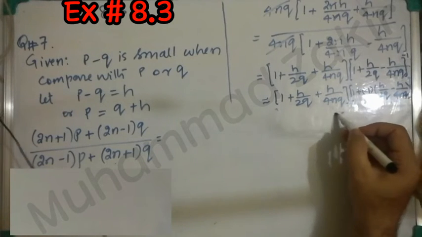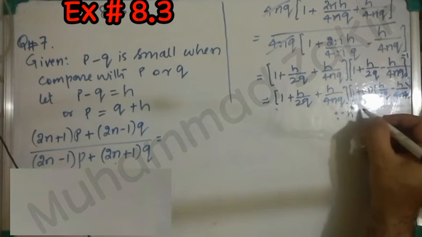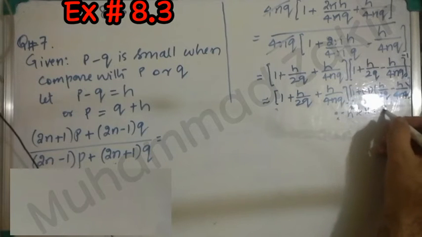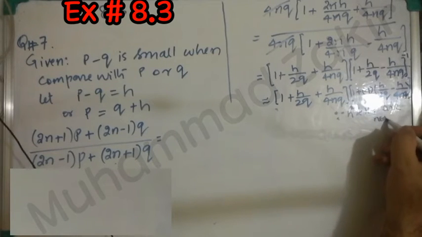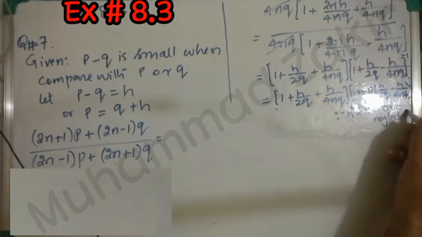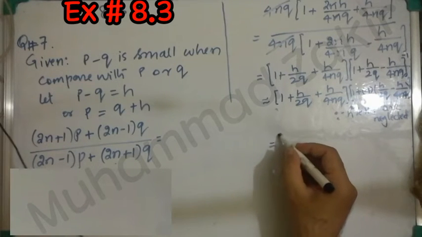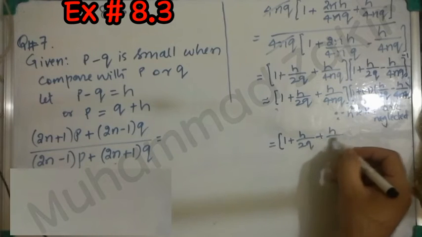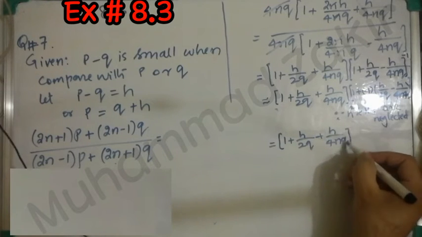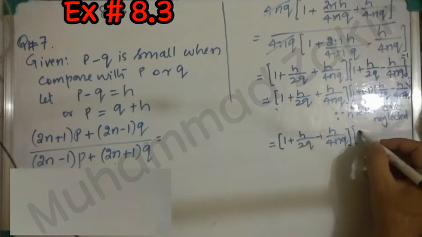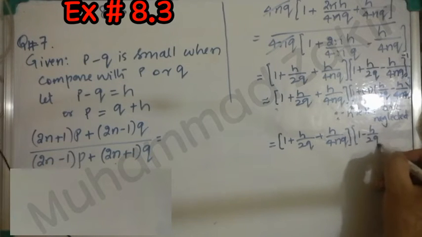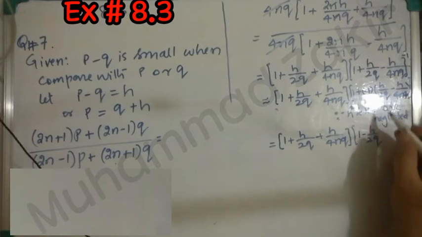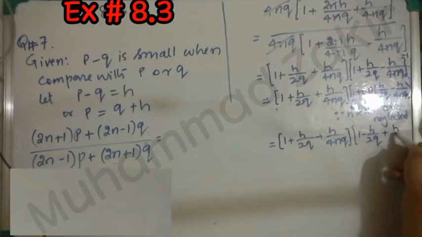And we have to write the reason here that h square and higher powers are neglected. So this is equal to 1 plus h by 2q plus h by 4nq, times 1 minus h by 2q minus, it becomes plus h by 4nq.